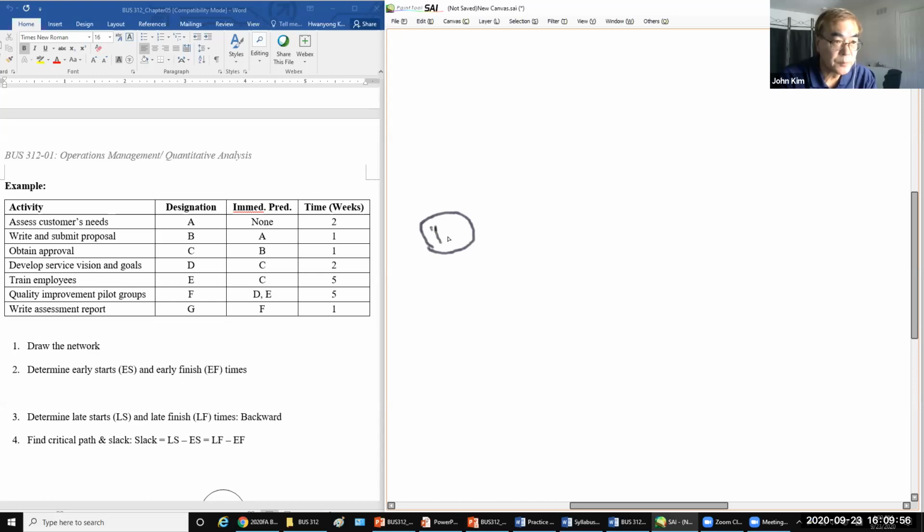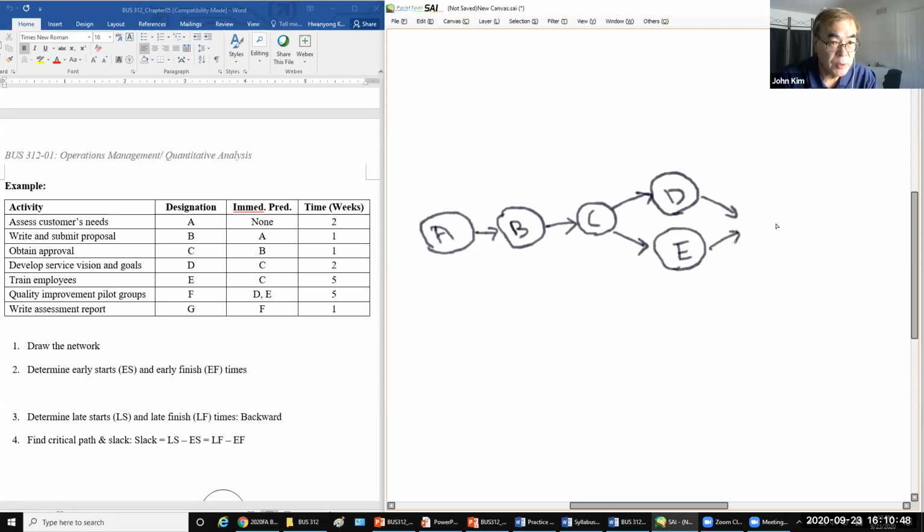A, and then B after A. So using arrow, B here, and then C after B, then D and E after C, and F after D and E. So combine two activities, finish, then F can start. And then after that, activity G.